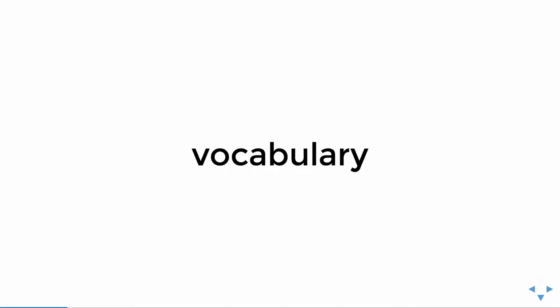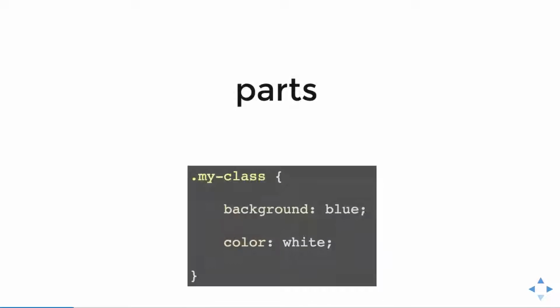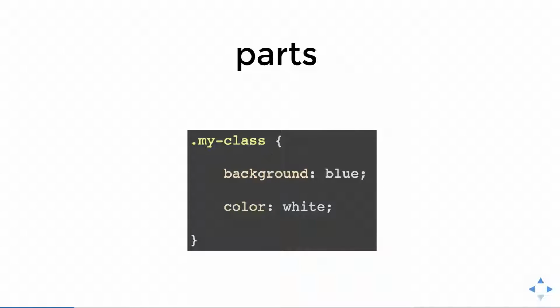All right, so that out of the way, let's talk a little bit about vocabulary, some of the basics of CSS. Here's a snippet of CSS right here. Anyone want to tell me what this is called? Selector. What about this? Okay, this. Can you see my mouse?